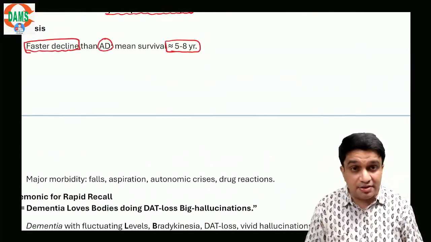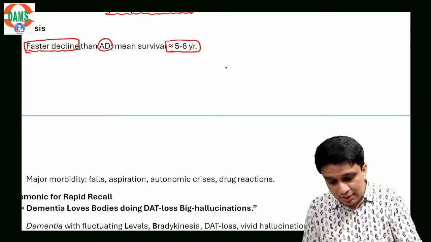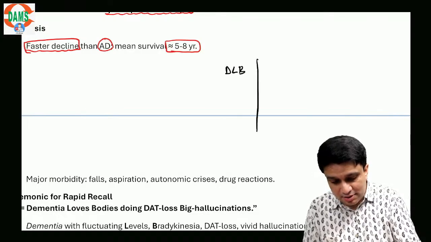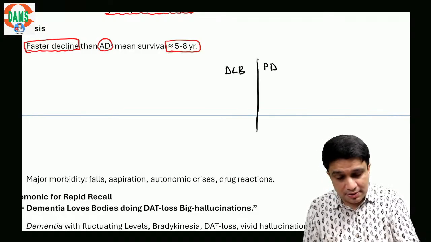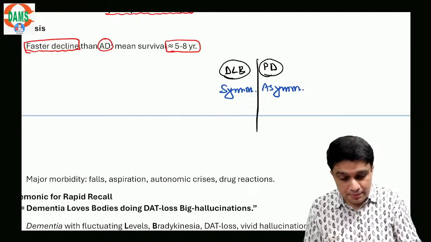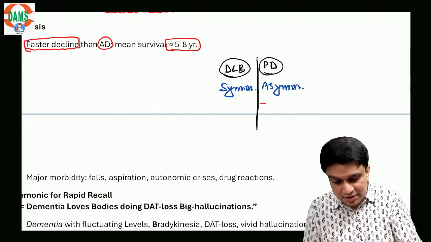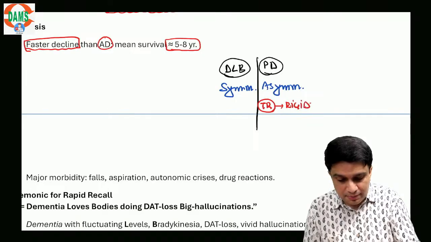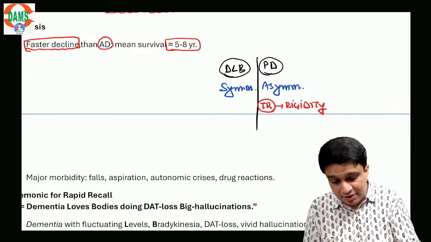So I'll just summarize this again. DLB versus Parkinson disease. Parkinson disease is asymmetrical. Dementia of Lewy body has symptoms which are more symmetrical. In a patient of Parkinson disease, you have tremor, rigidity, and of course akinesia.